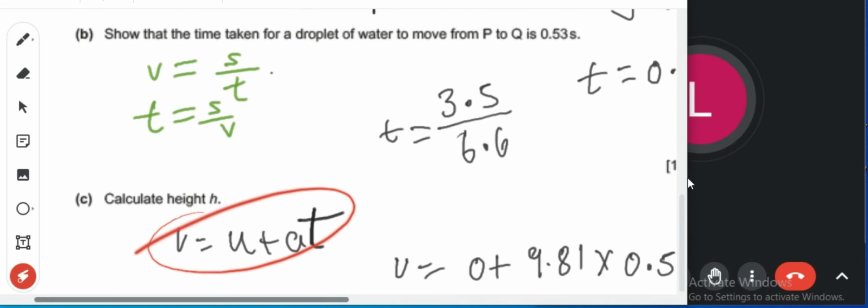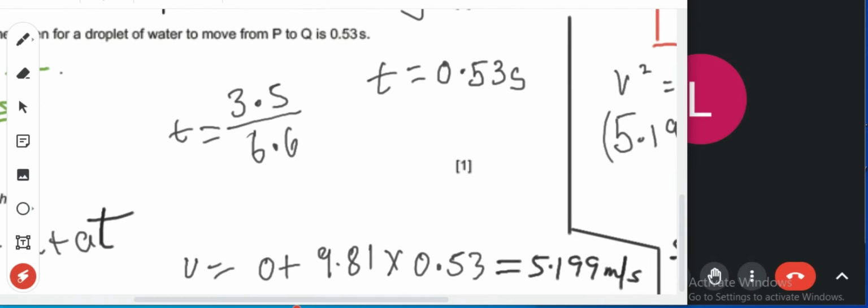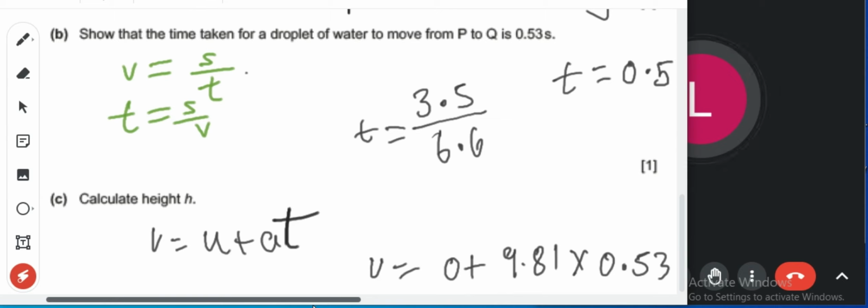So V equal to U plus at, and you were able to get V, which is 0 plus 9.81, which is G, times T, which is 0.53. Remember, we already said that it takes 0.53 seconds to hit the ground.